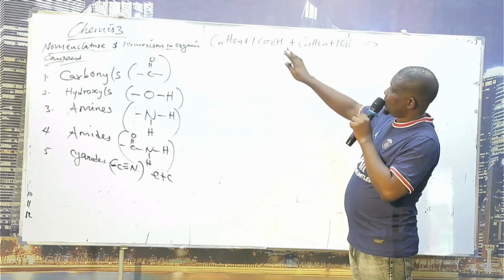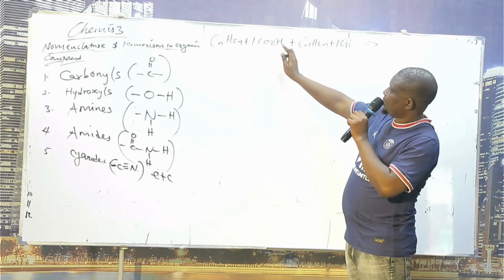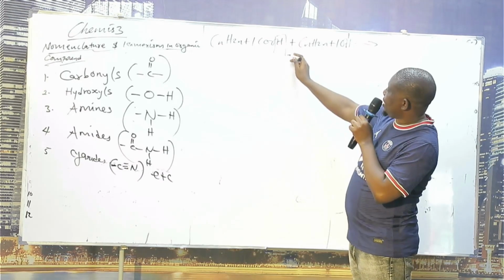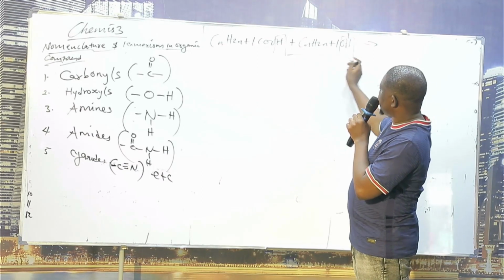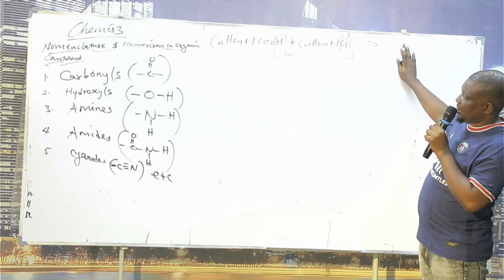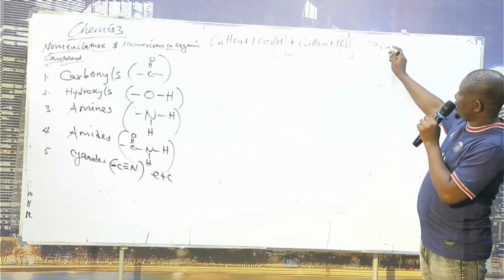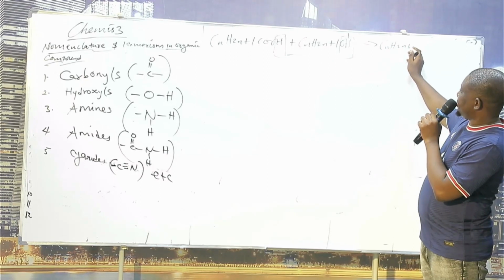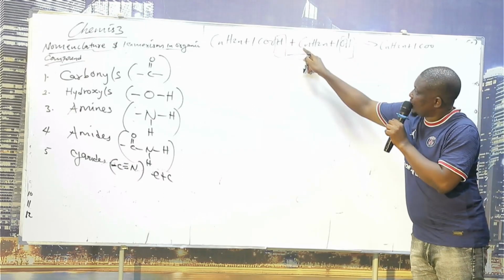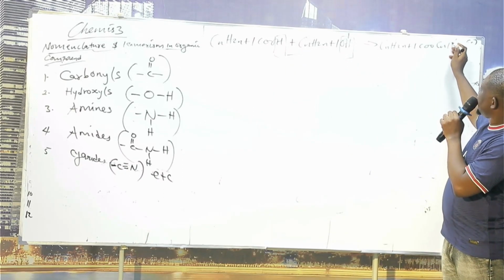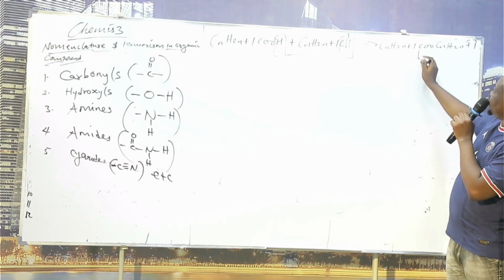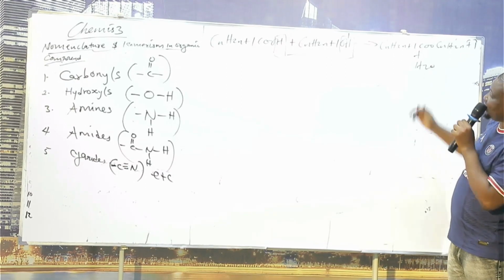When you make an acid, you go for H+; when you make a base, you go for OH. Watch here now. The acid will now be CnH2n+1COO, there is no H again. Now add this one, CnH2n+1, plus H2O.